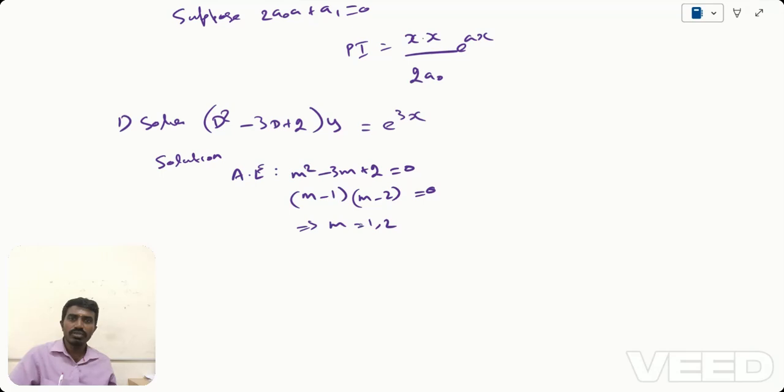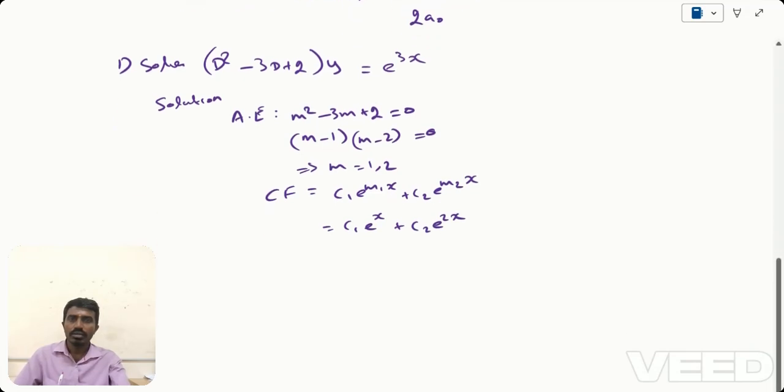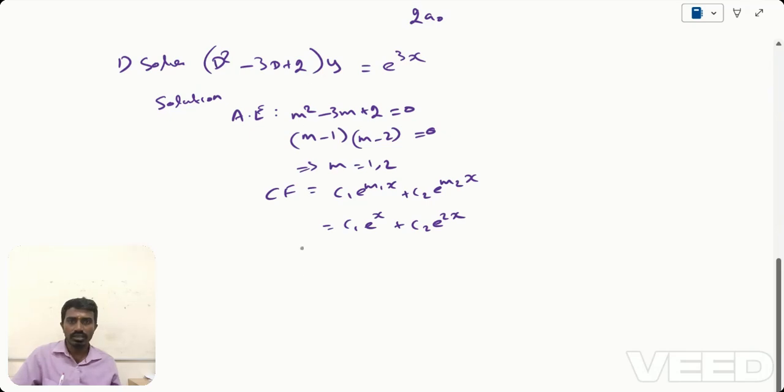Since the roots of the quadratic equation are real and distinct, CF is C1 e power m1x plus C2 e power m2x. That is C1 e power x plus C2 e power 2x. This is CF for this given problem.